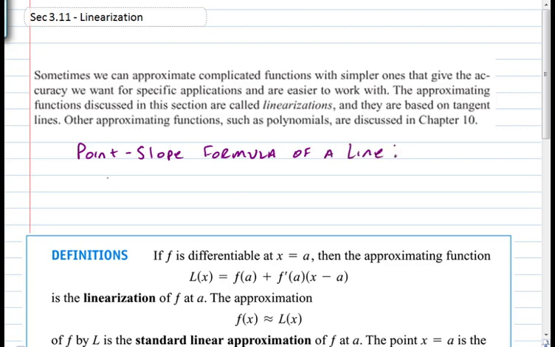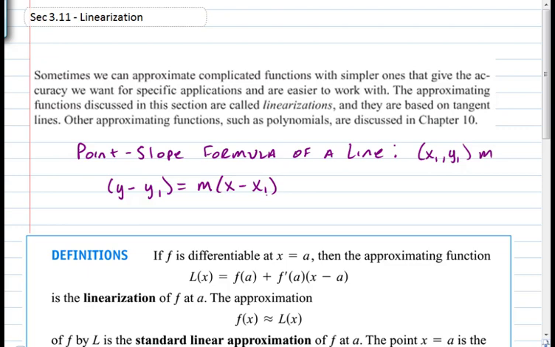The point-slope formula of a line is what you use when you know a point, x1, y1, and you know a slope, m. It's y minus y1 equals m times x minus x1. Do y'all remember this?